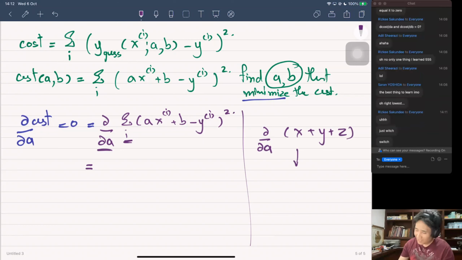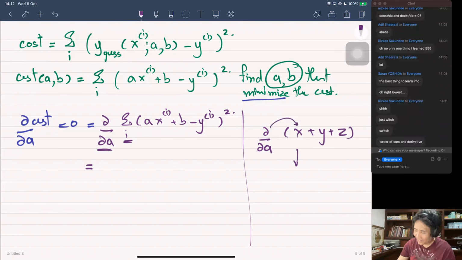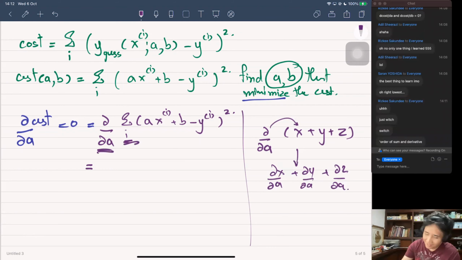Right, so you can distribute the derivative in. That means the sum of the derivatives is the derivative of the sum, or the derivative of the sum is also the sum of the derivatives, because it's linear.